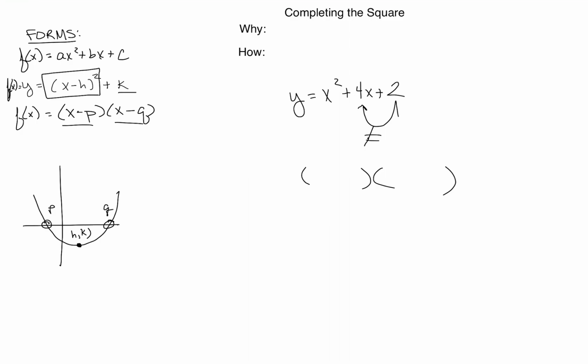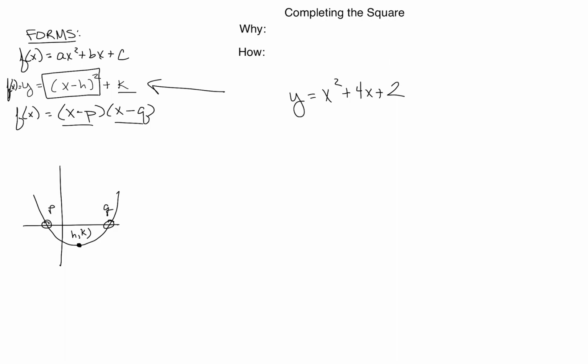Therefore, we can't have our solutions easily for it. And it doesn't meet one of our forms over here very easily either. And so completing the square is an option where we can rewrite this equation into vertex form.